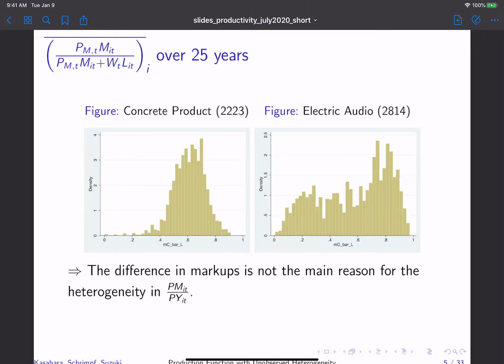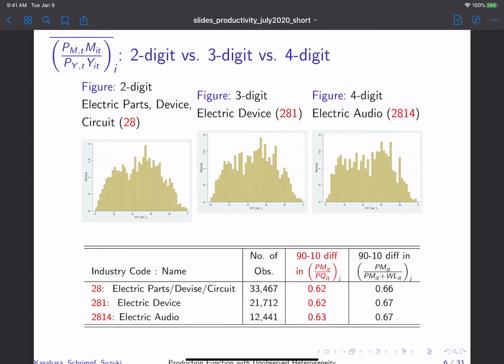You can also look at the cost share defined by the material divided by the sum of the material and the labor cost. You still see a lot of heterogeneity, so it's not coming from markup differences. One way to gauge whether going down to finer industry classification helps or not is to look at the 2-digit, the 3-digit, and the 4-digit.